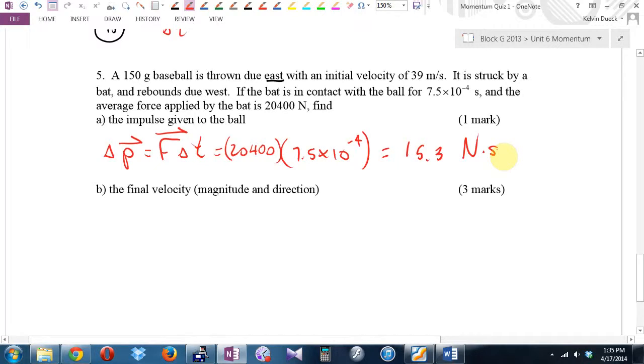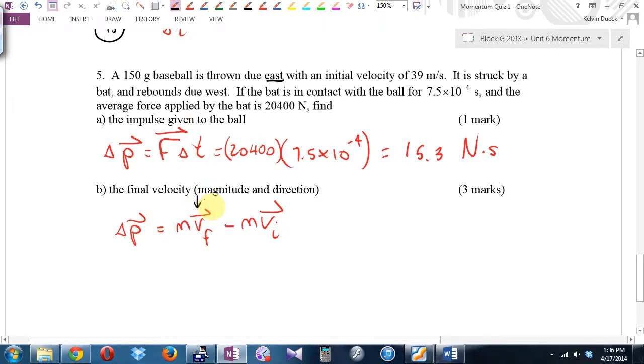Find the final velocity. Ooh, this is a little different. Suggestions? Any thoughts? How the heck can I find V final? Since I know that delta P is 15.3, I want to get that by itself.